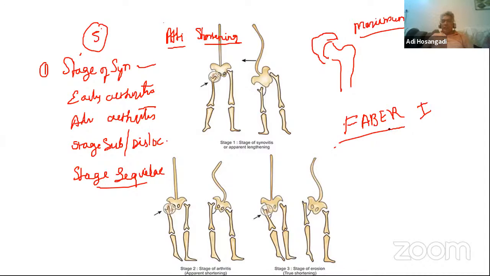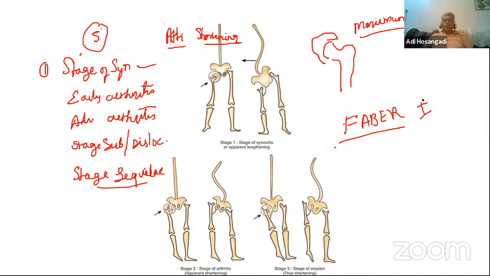Why is it in this attitude? Whenever the effusion is maximum, the joint capsule has to be swollen in a circular or spherical form. In flexion, abduction, external rotation, the capacity of the capsule of the hip joint is maximum.